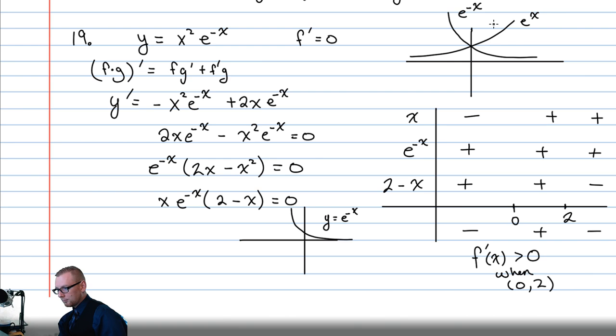We're only looking for when it's above the x-axis. If it's positive, that's why we do y prime.